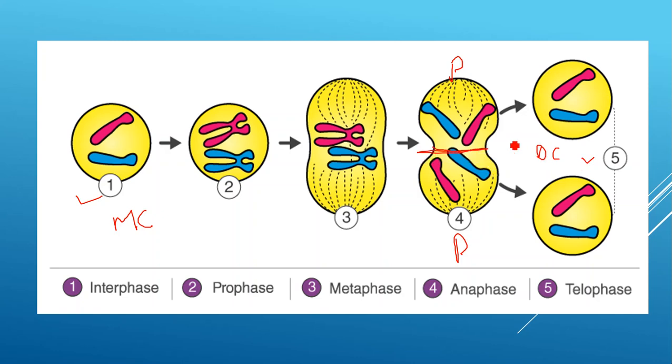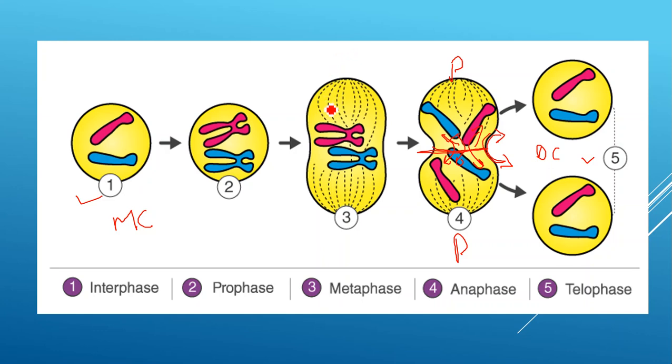Okay, here you can see the constriction. This constriction I'm talking about will increase in size slowly. It will come near, and once it comes near, the cell will fully detach and become 2 daughter cells. But in the case of a plant cell, this cell division, or you can say the division of cytoplasm, takes place by cell plate formation.